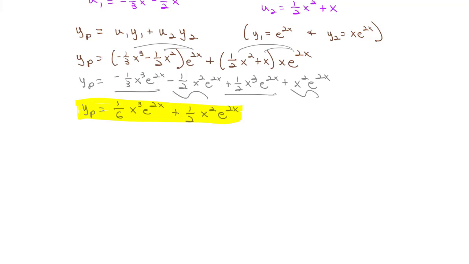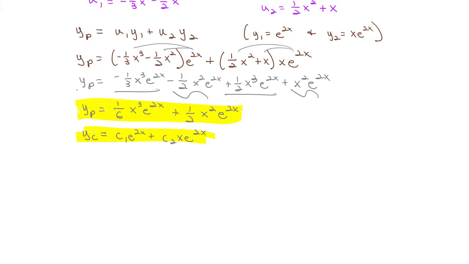From up above, if you remember all the way back in number 1 from this example, this is just copying what we had for y complement up above. We had c1 e to the 2x plus c2 x e to the 2x for our y complement.